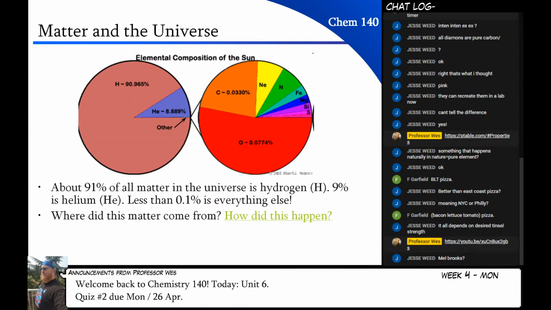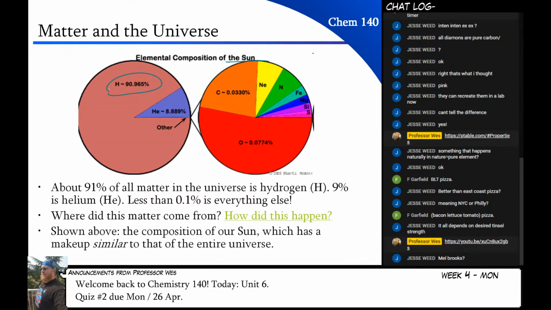Now, this is the composition of the sun. The sun is very similar to the universe because it's just one random star of a collection of quintillions of them. There's tons of stars out there. I am using these numbers as an approximation, but recognize that the amount of hydrogen in the universe might be vastly different.